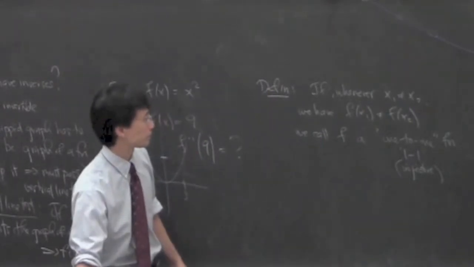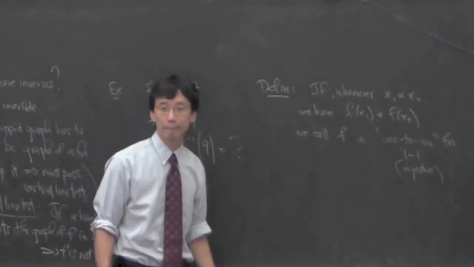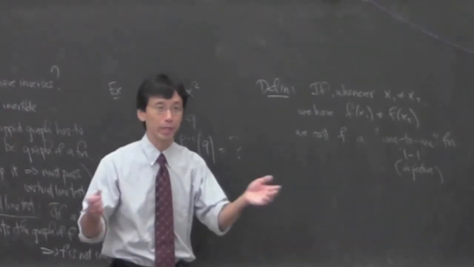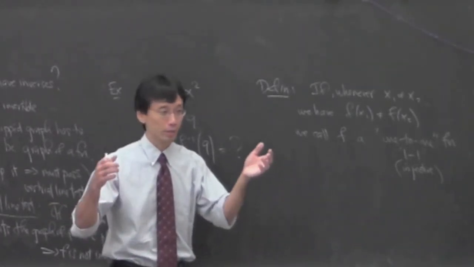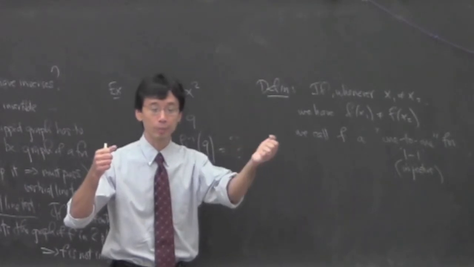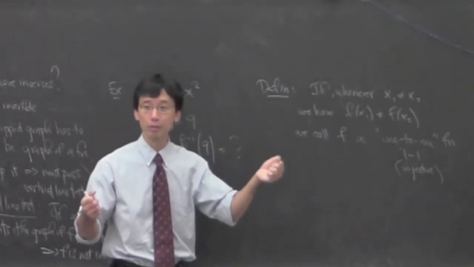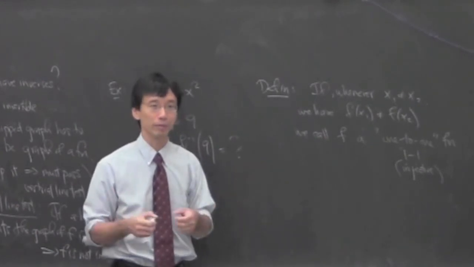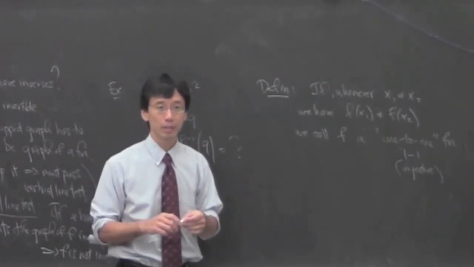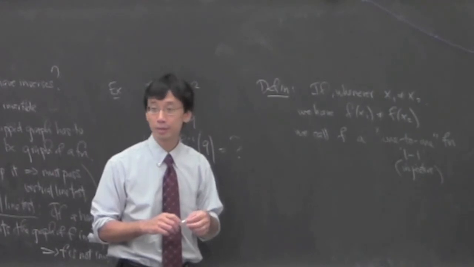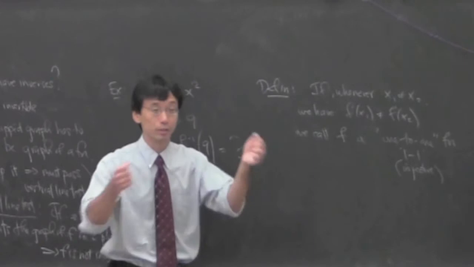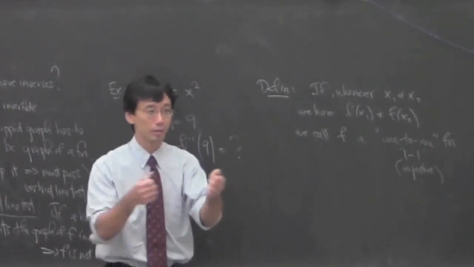Just like we were talking about, if everybody got different grades, the function from the person to the grade would be one-to-one. But if two people in class got the same grade, then it would not be one-to-one, because two people would be mapped onto the same score.